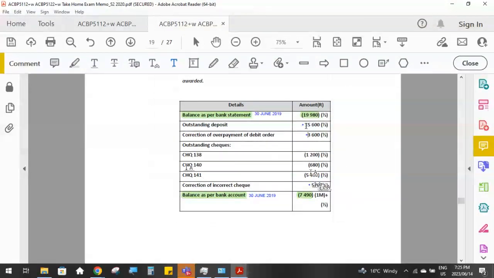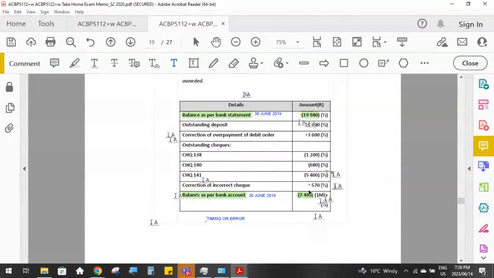So once we are sure that we have recorded all of the items that we are waiting for the bank to correct, remember these could be just a matter of timing, or it could be an error on the part of the bank. And we've corrected all of those. And when we add those all up together, we get 7,490. And the balances per the bank account on your bank recon.